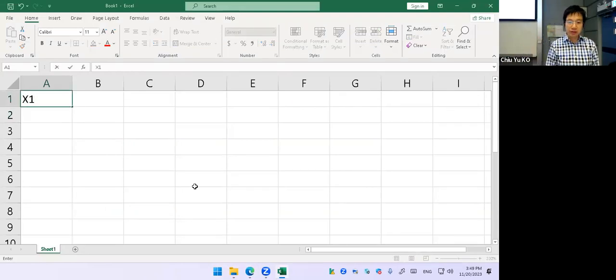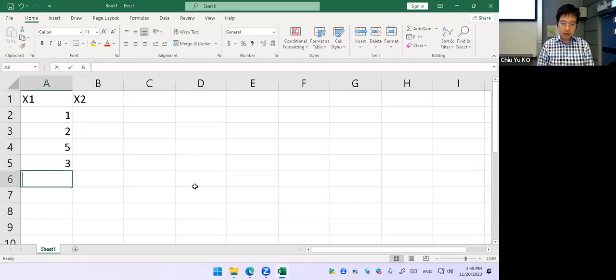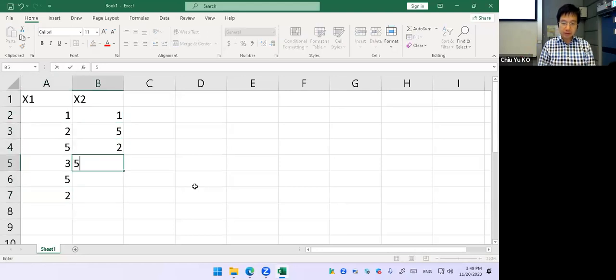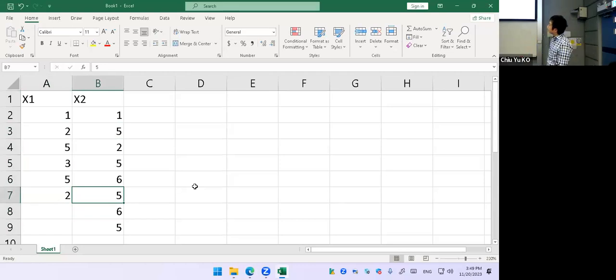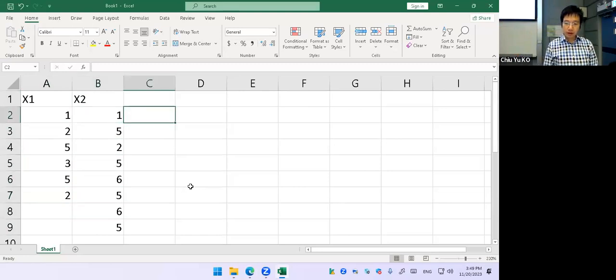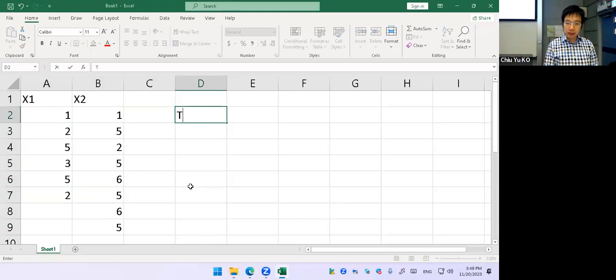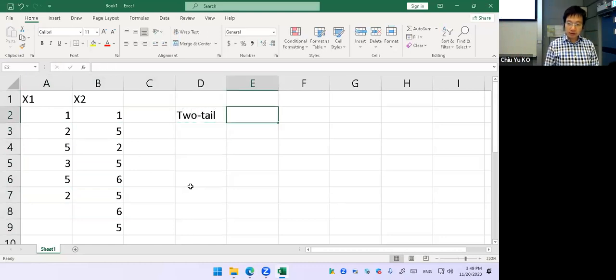So suppose I have sample 1 with some data here, and sample 2 here. I don't care what the numbers are, I just randomly put them. What I want to do is, I have two samples and I want to see if they have the same mean. Suppose I want to do the two-tail test. It's very simple. Then I do the t-test, two-tail, with equal variance.